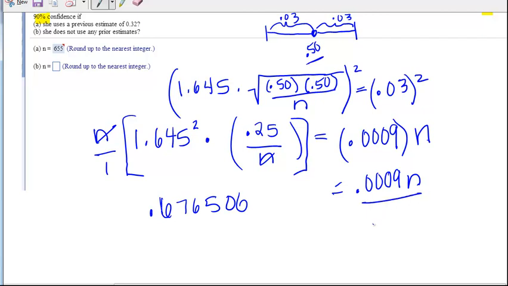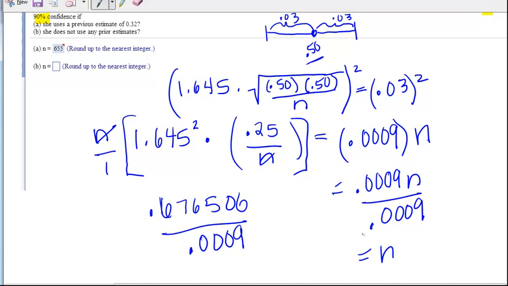Then I'm going to divide both sides by 0.0009 so I can get n by itself. I just do the opposite function, because 0.0009 times n, the opposite is dividing by it, so I can get n isolated.